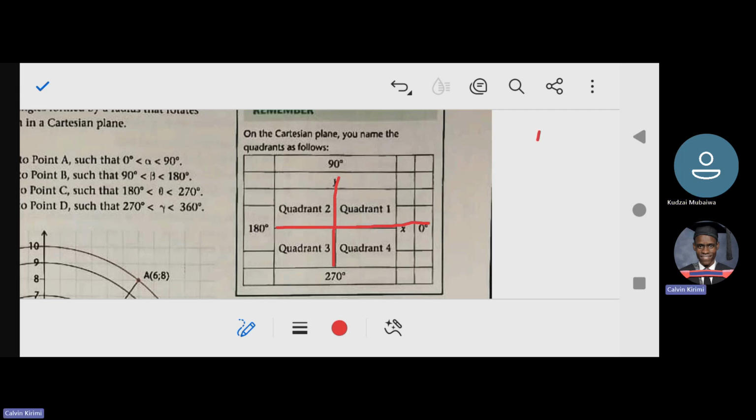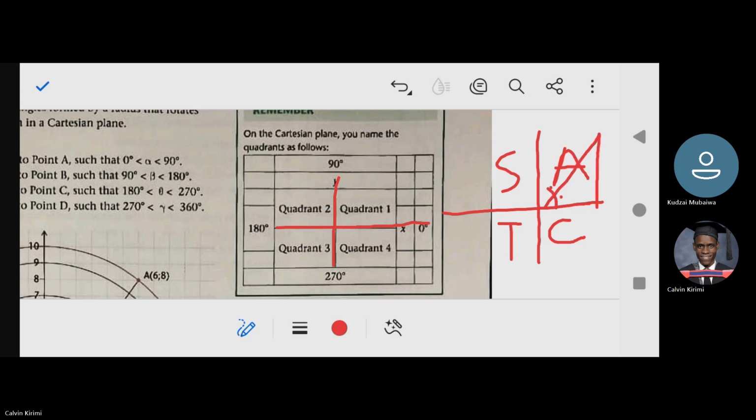So we normally say these quadrants follow what we call CAST. We call it the CAST diagram. You must know it by heart. What does that mean? It means any angle which I'm going to find in this quadrant, if this is alpha, A represents that all trig functions, sine, cos, and tan, will be positive.